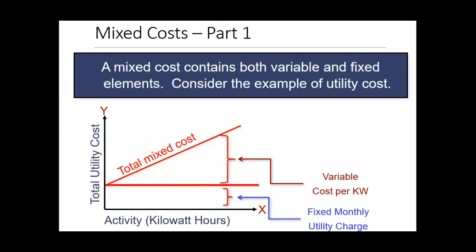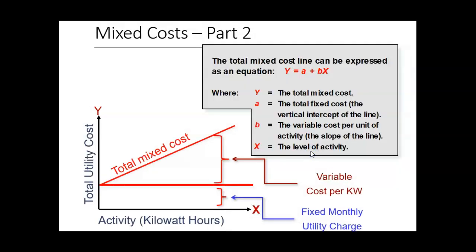And when you add those two together, that would give you this mixed cost or the total cost for your utility bill. Now we have a formula for getting total mixed cost that says y equals a plus bx. Y equals the total mixed cost. A is the total fixed cost. B represents the variable cost per unit, and X would be the level of activity.